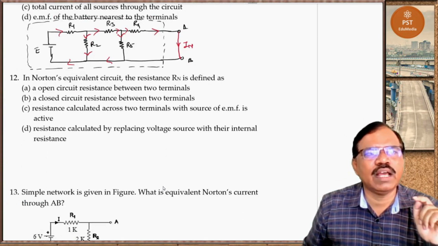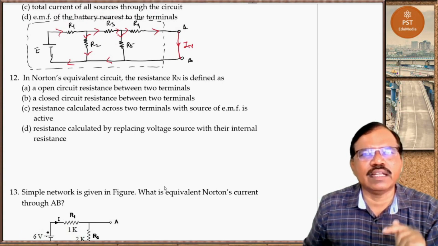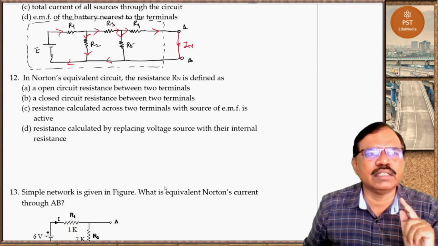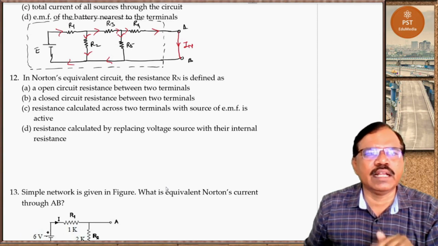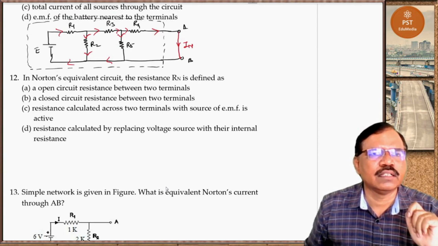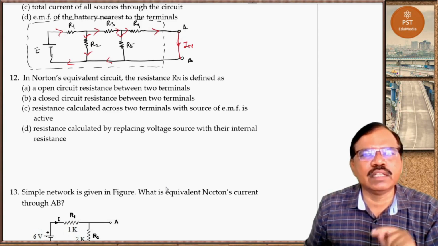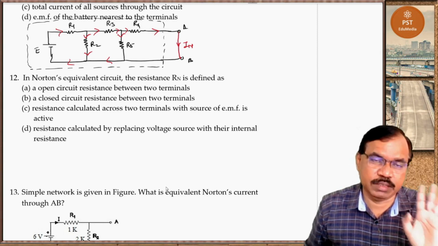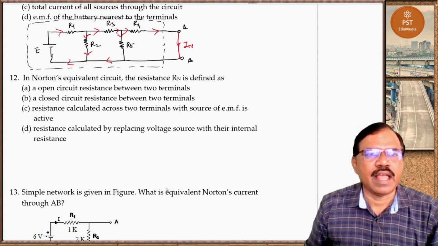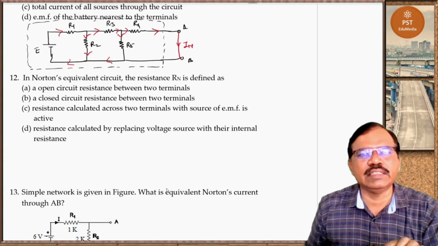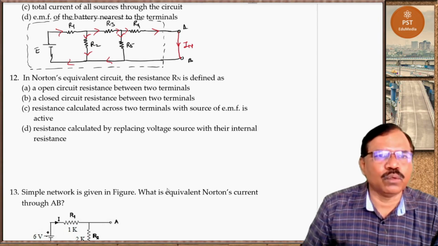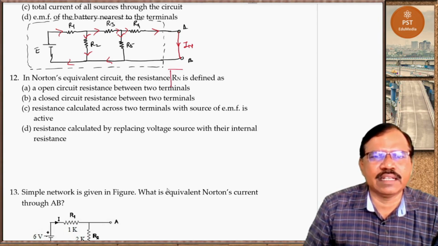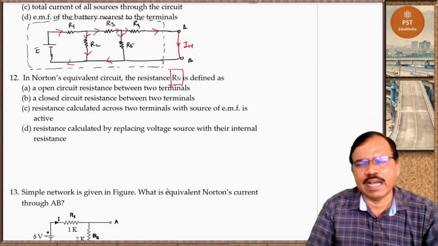In Norton's equivalent circuit, the resistance RN is defined as the resistance calculated across two terminals by replacing voltage sources with their internal resistance. So when we want to find RN, it is the same as finding RTH in Thevenin's theorem.